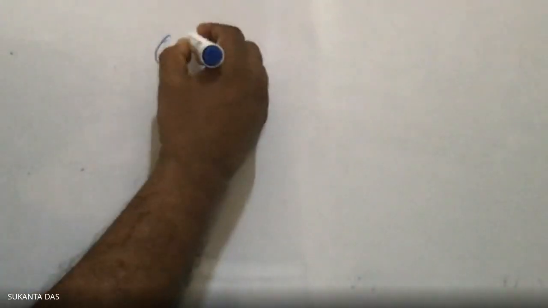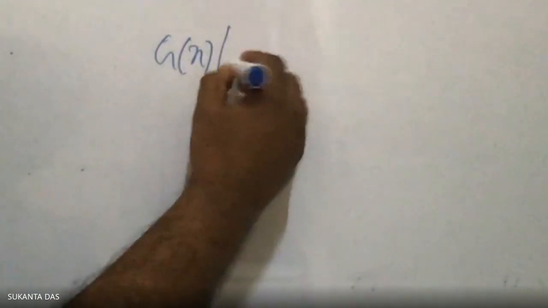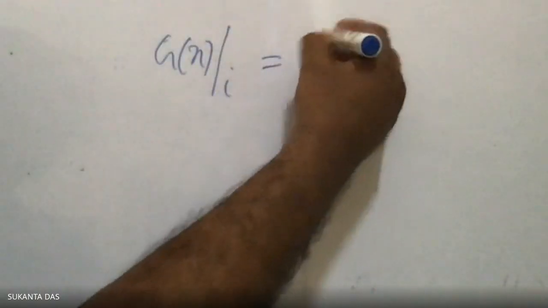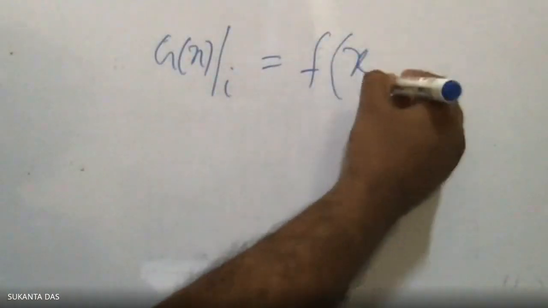Can you see my board? What I've written there is g of x restriction, and f of x i.